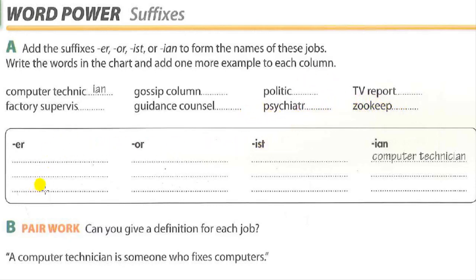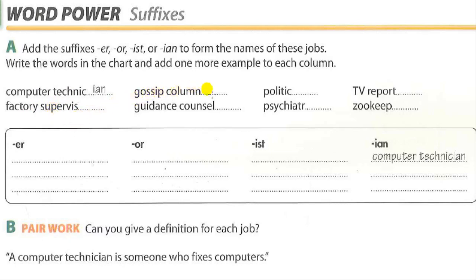So here we're going to write the jobs and we give examples. Of course, computer technician is someone who's responsible for the computers, the computer support, the computer's maintenance. Factory supervisor, someone who's working in the management.